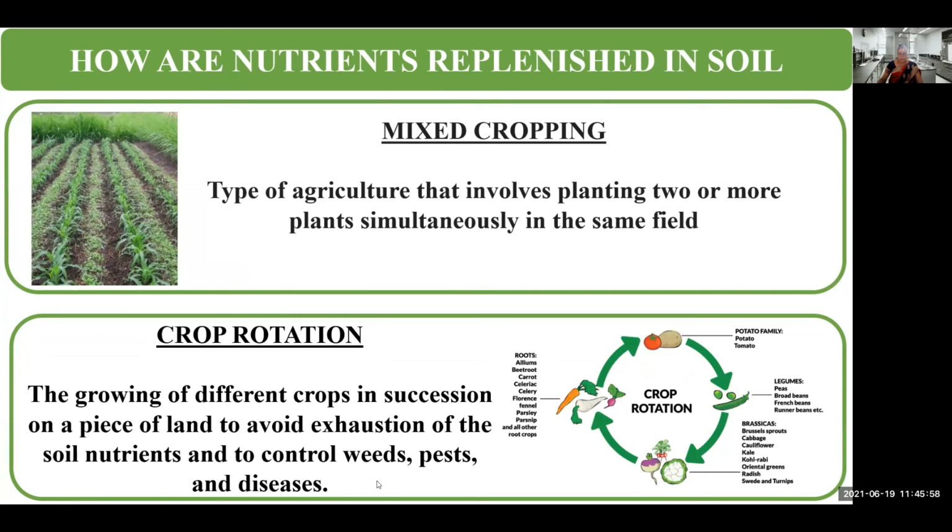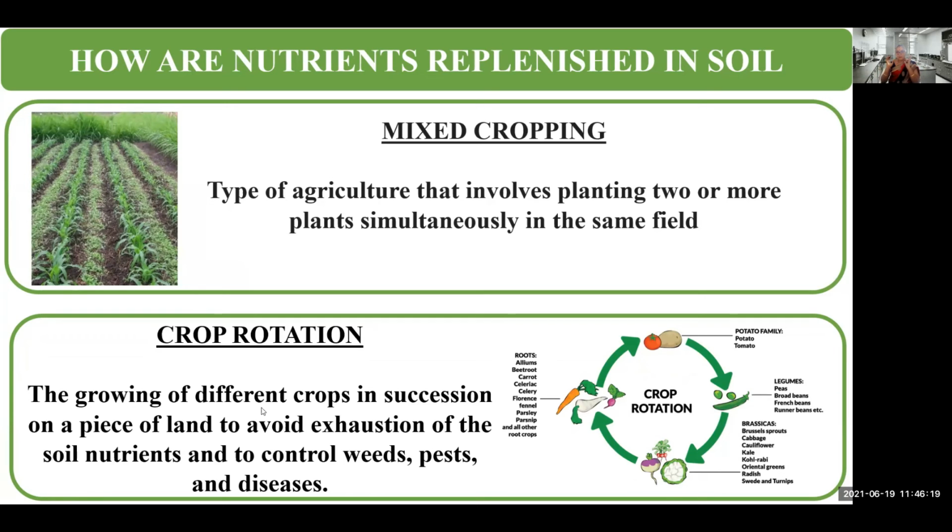Next, coming to crop rotation. What do you mean by crop rotation? It is the growing of different crops in succession on a piece of land to avoid exhaustion of the soil nutrients, and to control weeds, pests, and diseases. That is, in a rotation, we have to change the crops in our field.